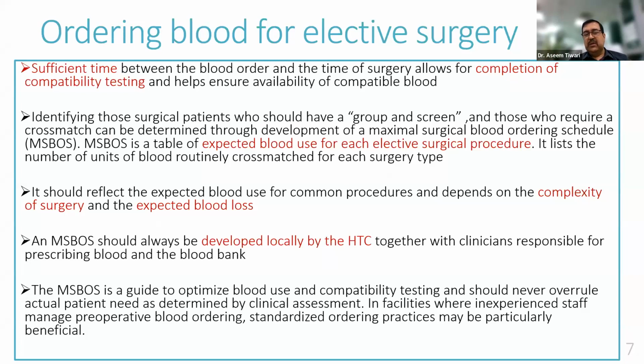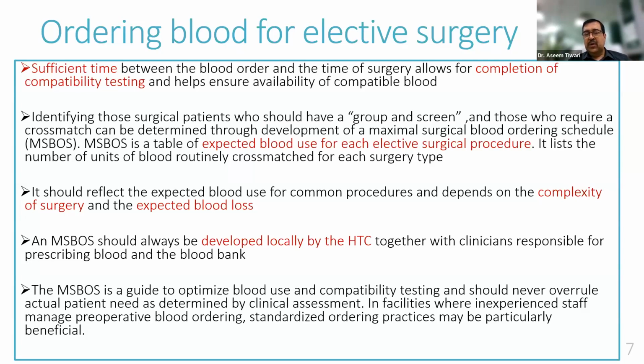So, for example, for a hysterectomy or a gallbladder surgery or a bypass surgery, what is the number of blood units which are commonly used? It depends on the complexity of surgery and expected blood loss. The MSBOS is developed locally by a hospital transfusion committee, and it is a guide to optimize the blood use and compatibility testing.